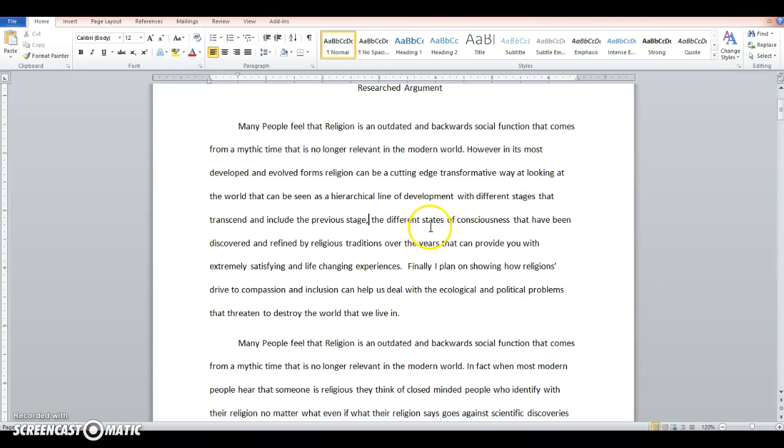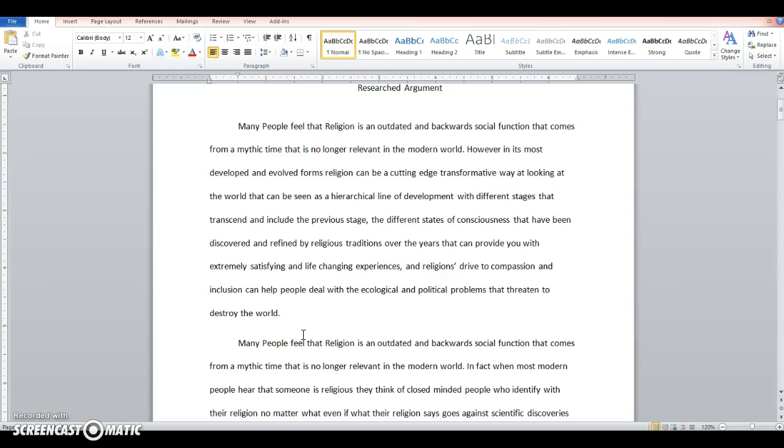It offers different states of consciousness, and religion's drive to compassion and inclusion can help people deal with the ecological and political problems that threaten to destroy the world, period.